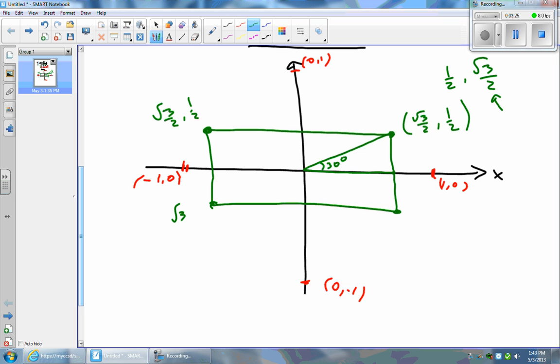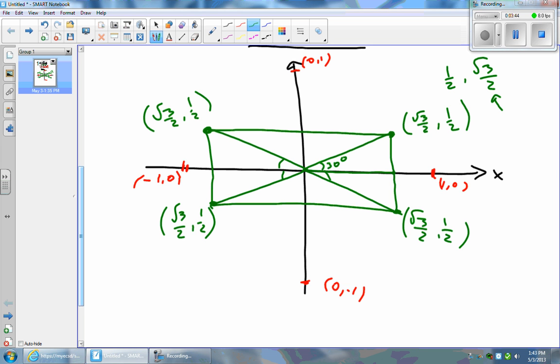Every one of these coordinate points is exactly that same value. Why? Because that is 30 degrees, that is 30 degrees, and that is 30 degrees.